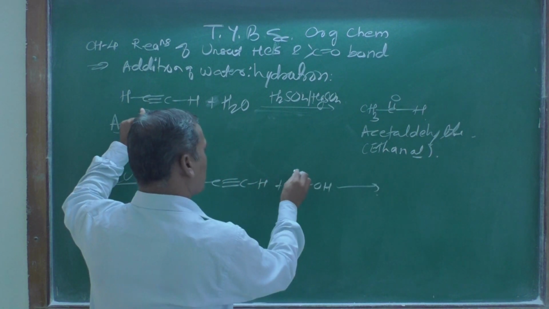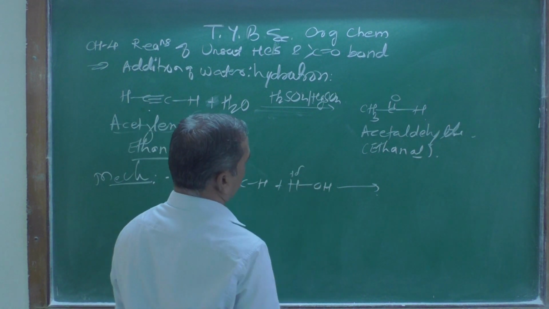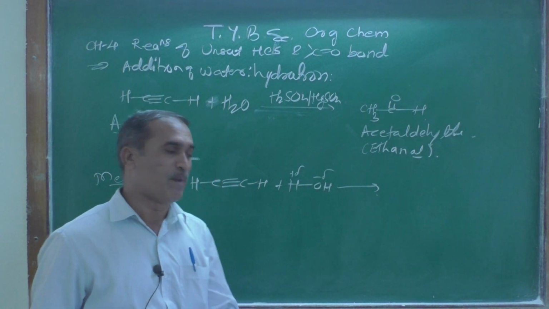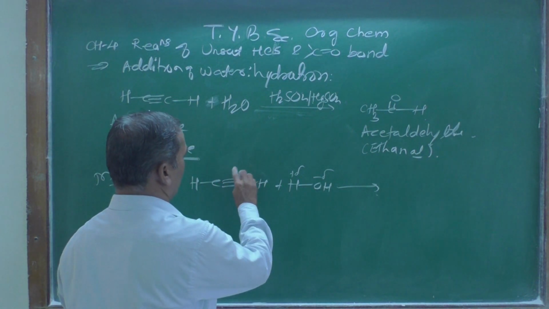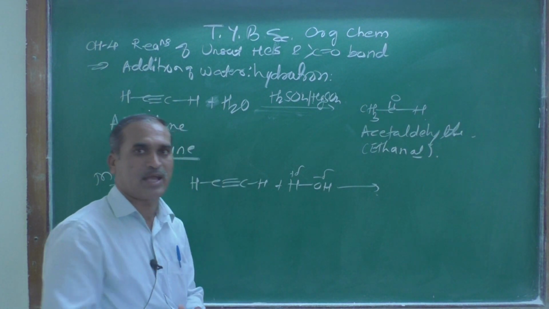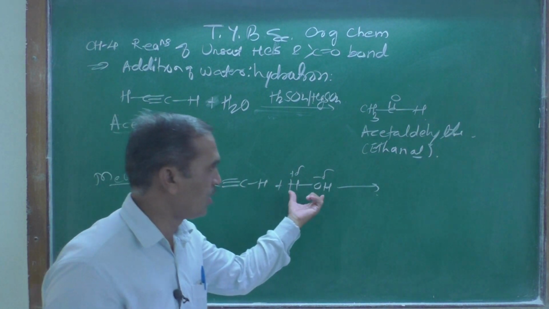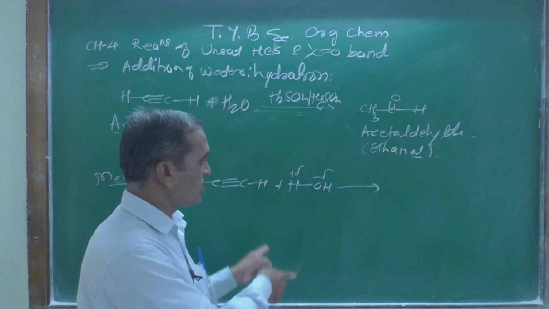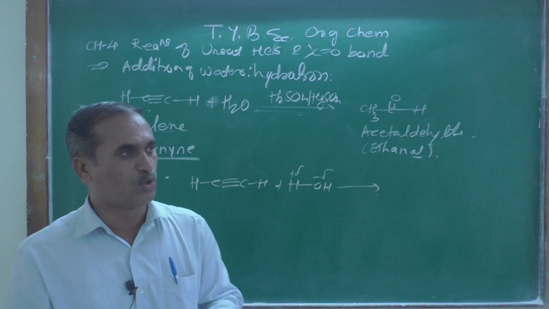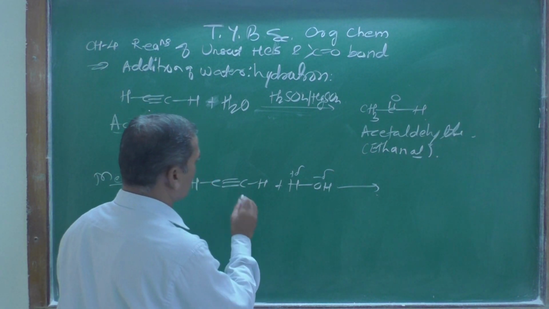In this water molecule, the hydrogen atom has a partial positive charge and OH has a partial negative charge. The triple bond acts as a nucleophile and the reagent is electrophilic in nature, and that's why this addition reaction is known as an electrophilic addition reaction. That's so simple.